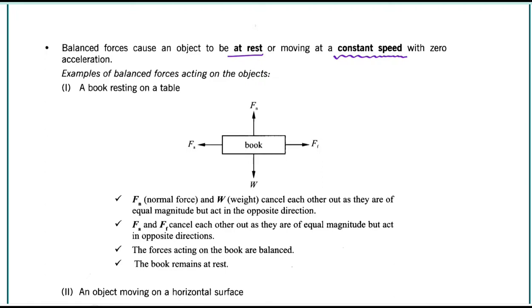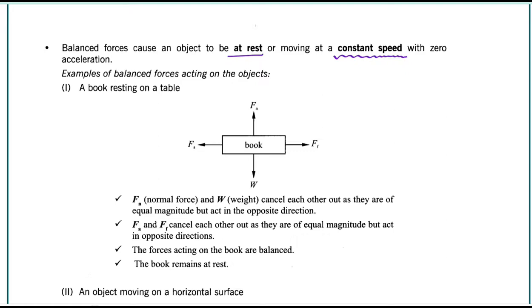An object can move at a constant speed, which means it moves at the same speed without changing, and it just remains the same. It is because there are balanced forces, so it just keeps remaining that way.